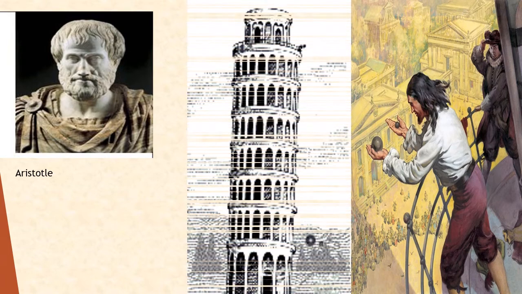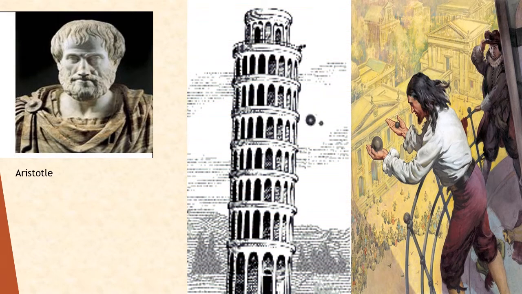He climbed the Leaning Tower of Pisa, and there he conducted an experiment where he dropped 2 balls of different masses but having the same shape. And he found that they hit the ground at the same time. He concluded that the acceleration of an object which is falling freely towards earth does not depend on the mass of the object. So let us go through a video.